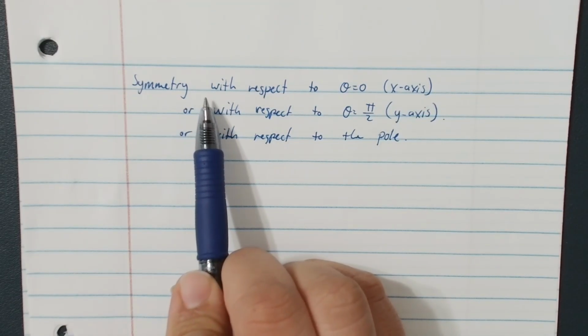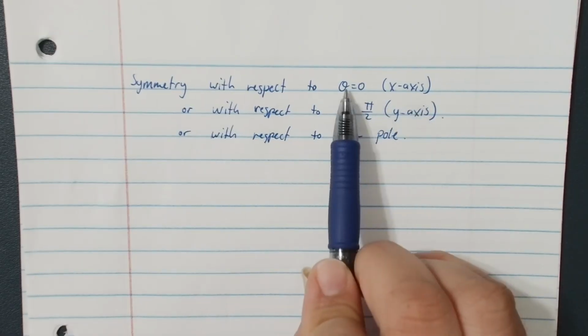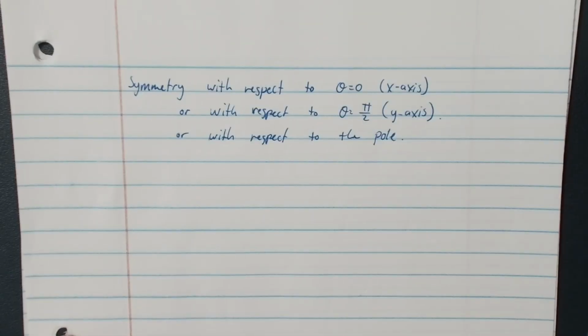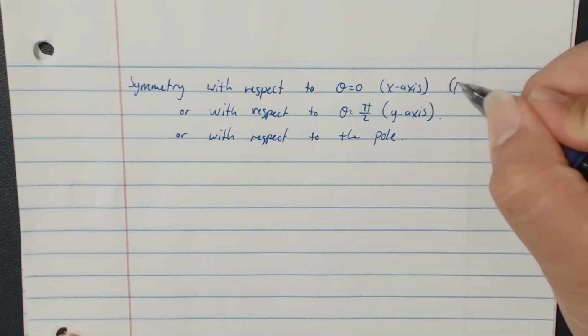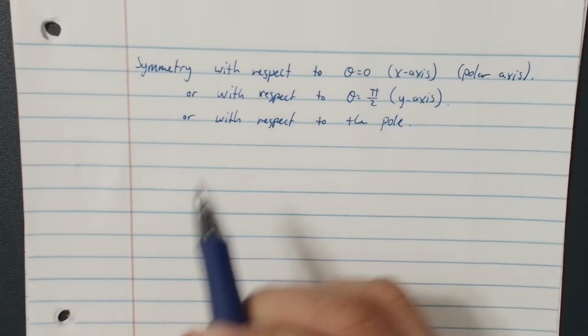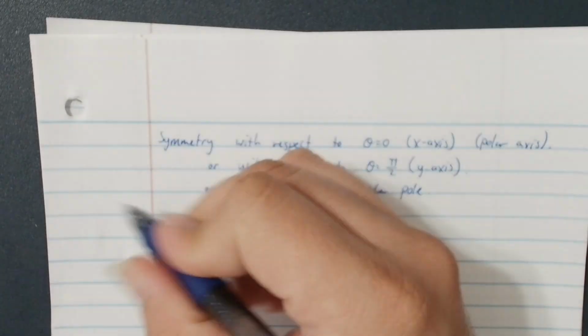When you're symmetric with respect to the x-axis, you can say you're symmetric with respect to theta equals 0. There is another name for this one. This is called the polar axis. Okay, there we go. So now let's take a look at some examples.